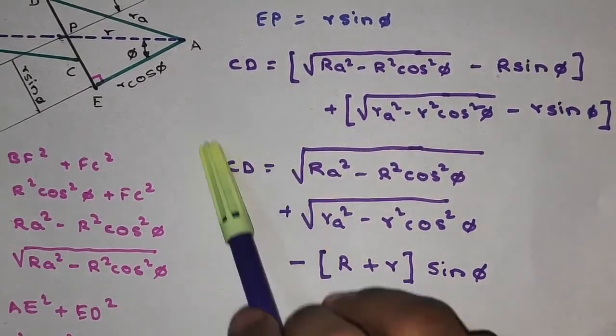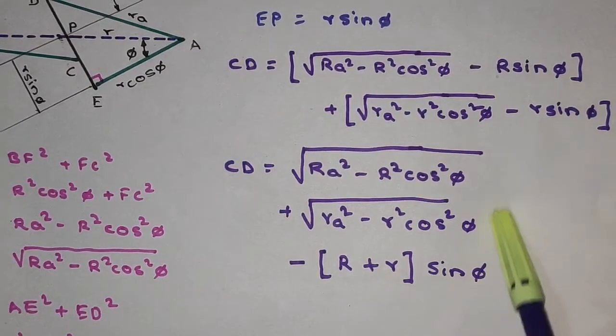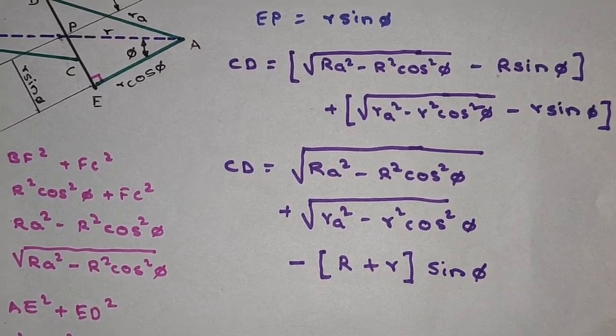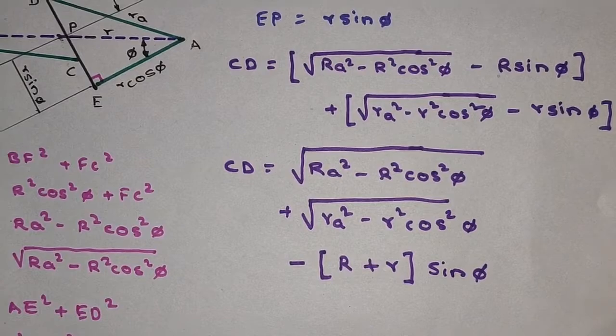This expression is the equation for determining the length of path of contact. The path of approach can be found if the dimensions of the driven wheel are known, and similarly if the dimensions of the driving wheel are known, the path of recess can be determined. So this is the equation for the length of path of contact.